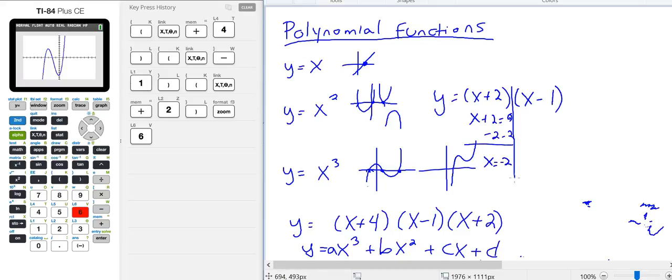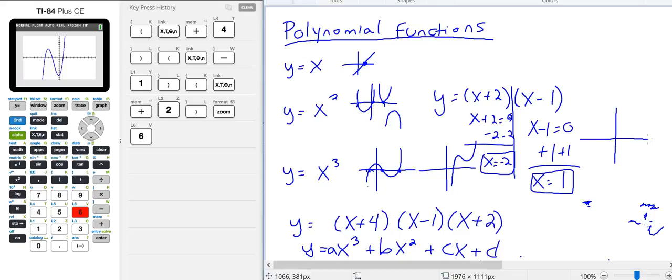And the other factor also, x minus 1 is equal to 0, plus 1 and plus 1, x is equal to positive 1. So the 2 roots of this quadratic function, the 2 x-intercepts, the 2 zeros, would be negative 2 and 1. So this quadratic function would cross the x-axis at x is equal to negative 2 and at x is equal to positive 1.